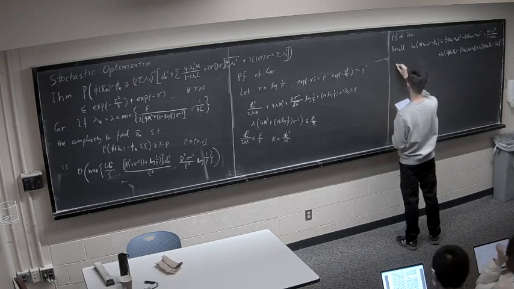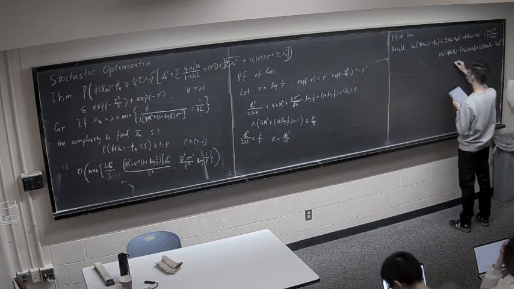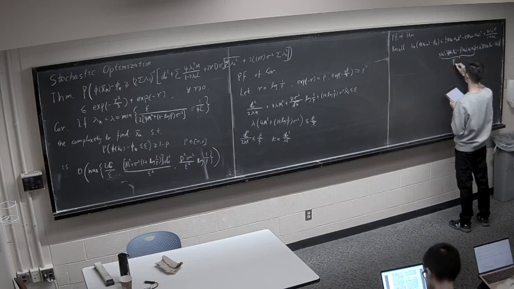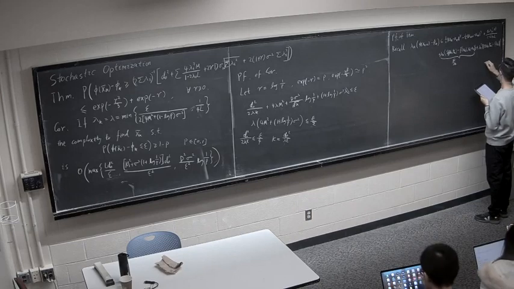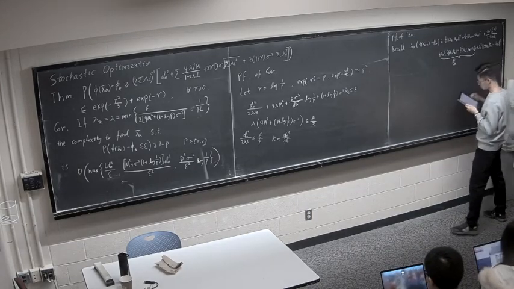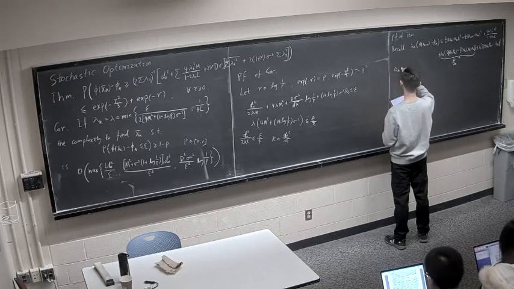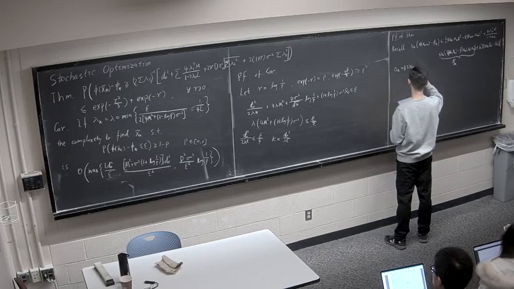So let's call this term zeta, and let's call this distance of subgradients delta.